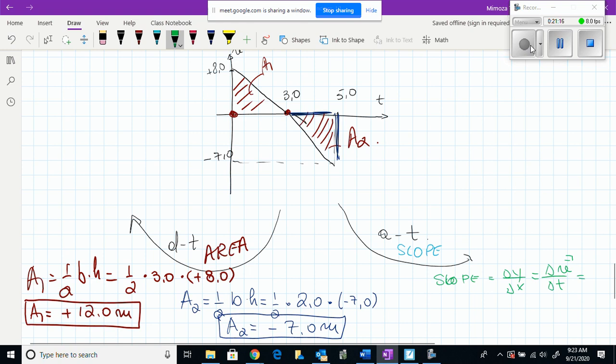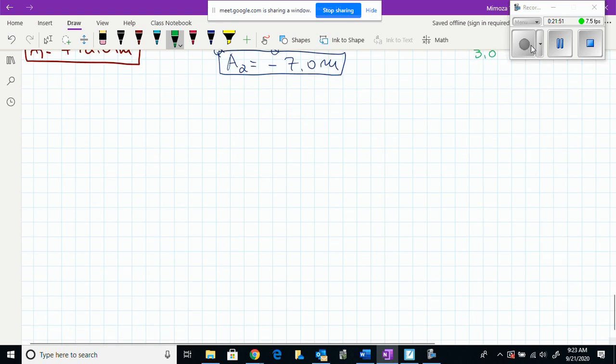For the first part it will be 0 minus positive 8 over 3, and in your calculator 8 divided by 3 will be 2.6 repeating, so -2.6 repeating, or you can say even -2.7, it's fine, meters per second squared.